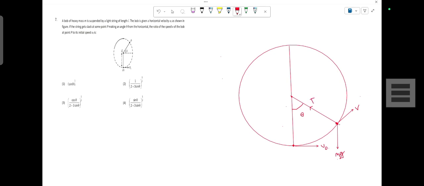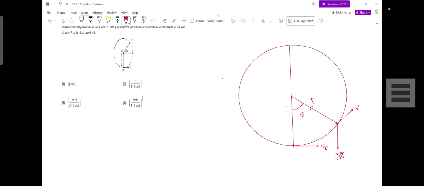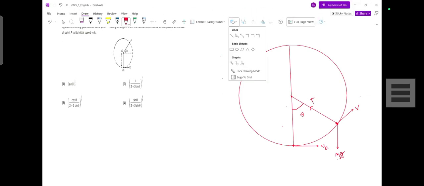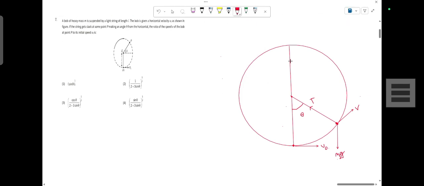Okay na? That means, wait a second, it is the direction. If it's like that, then it will also be angle theta.